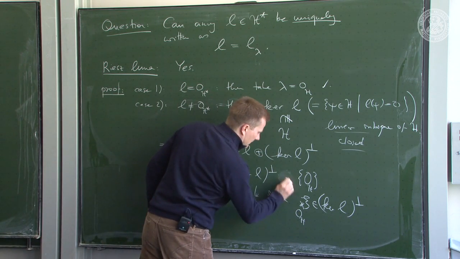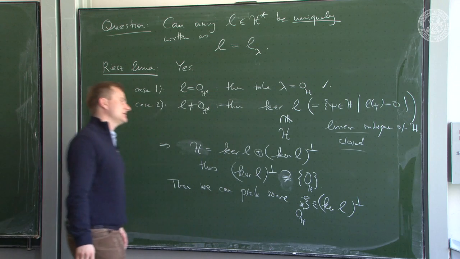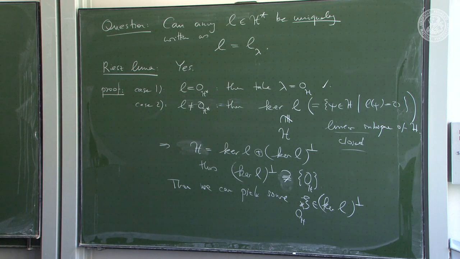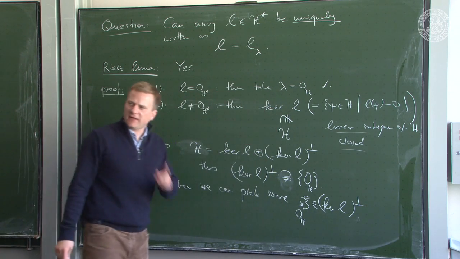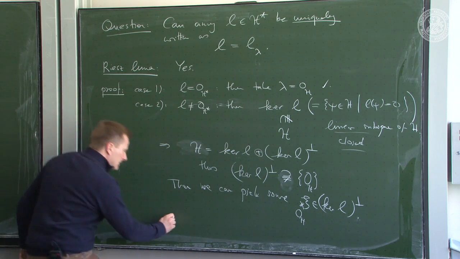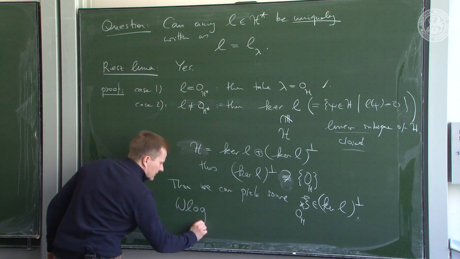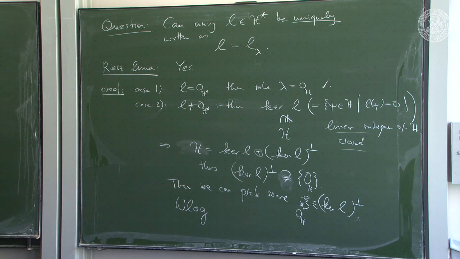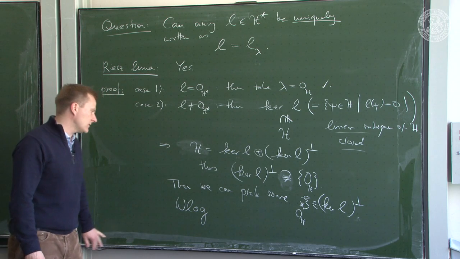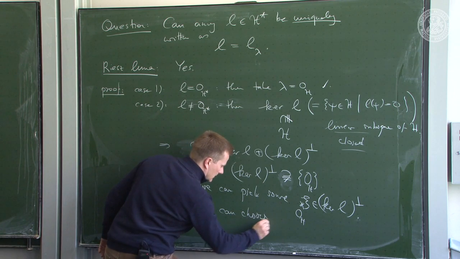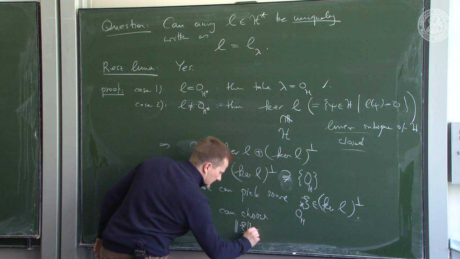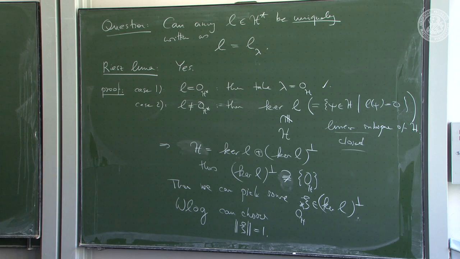One could be very clear here and say it's more than this, right? So now if you can pick a non-zero vector, then without loss of generality, we can choose the psi to be a unit vector, because if it isn't, you divide it by its norm and it becomes 1.